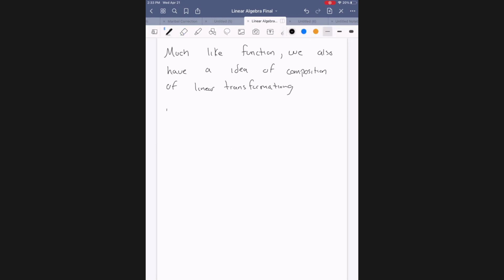So definition. Let T1 go from B, let's say, to W, and T2 be from W to Z, be linear transformations.